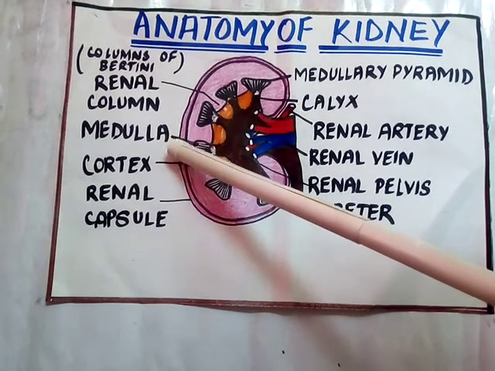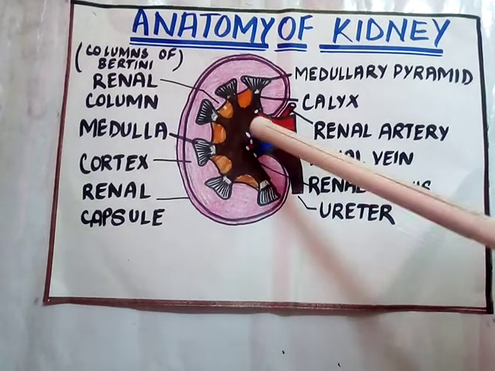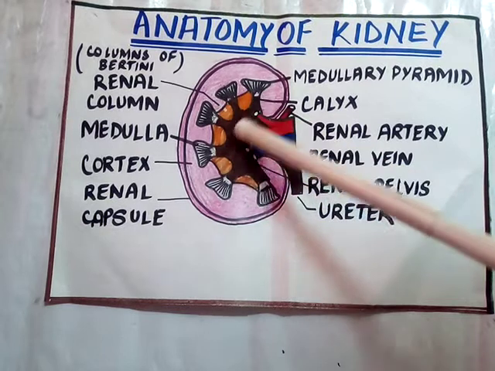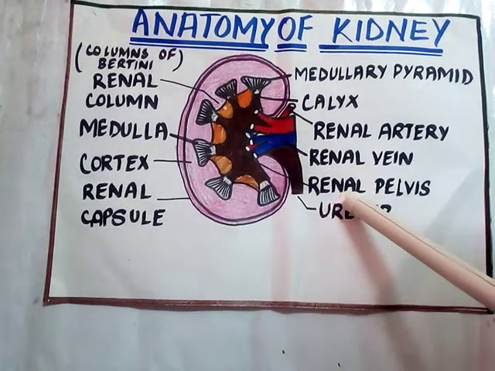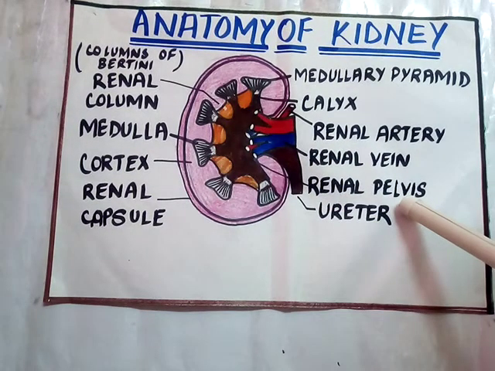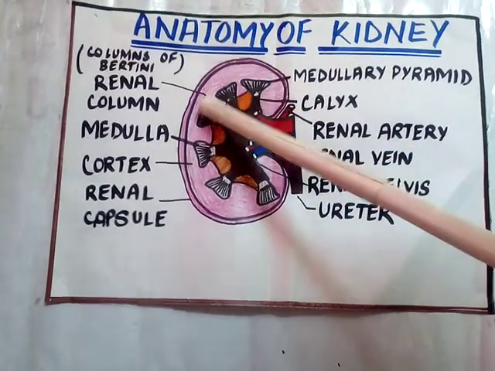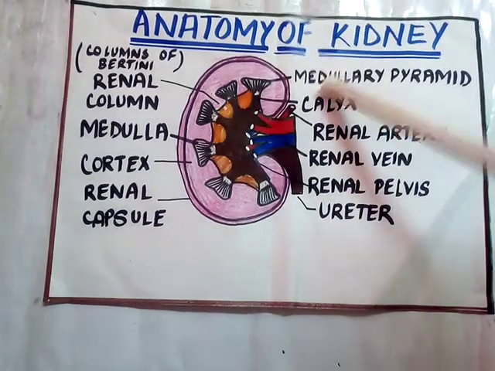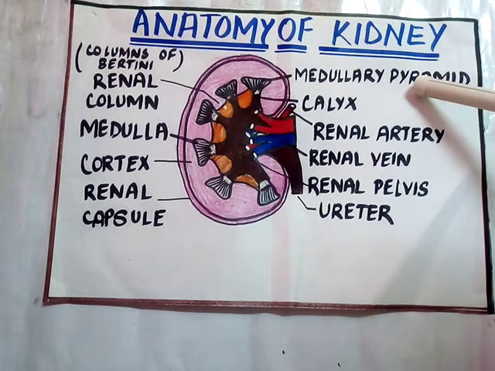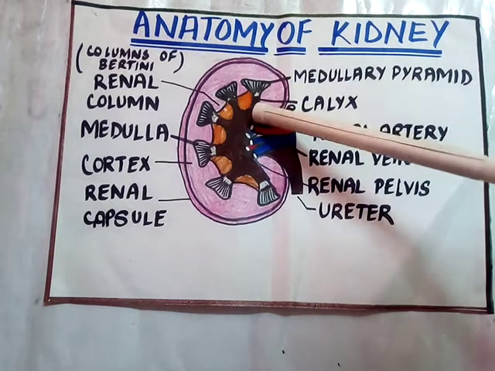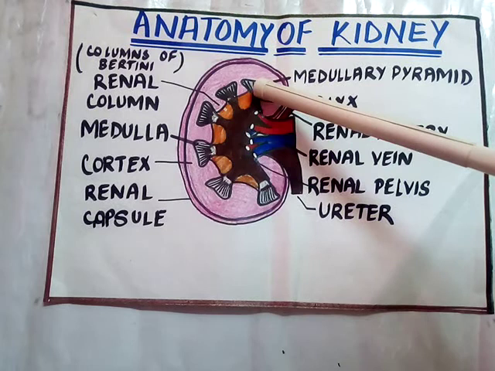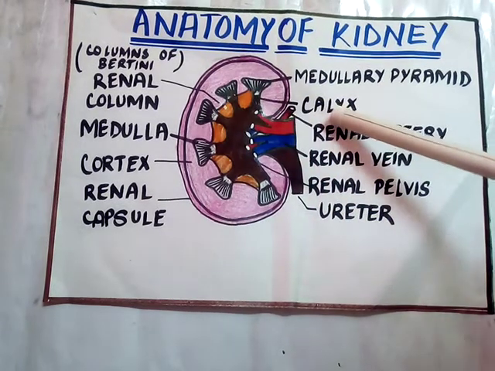So let's talk about the structure of the medulla. There is a region named the renal pelvis, and there are pyramid-like structures known as medullary pyramids. The projections towards the inside of the medullary pyramids are known as the calyx.